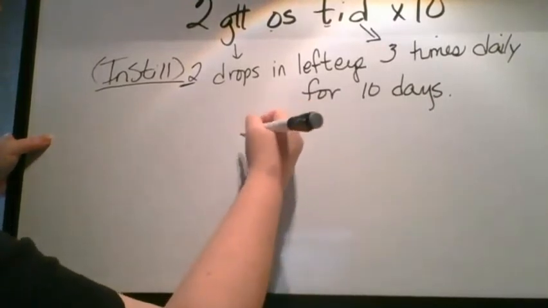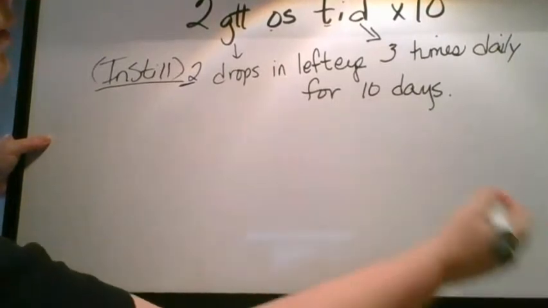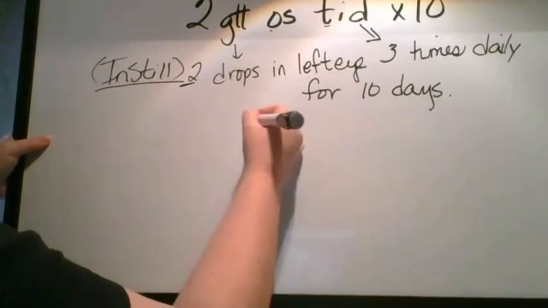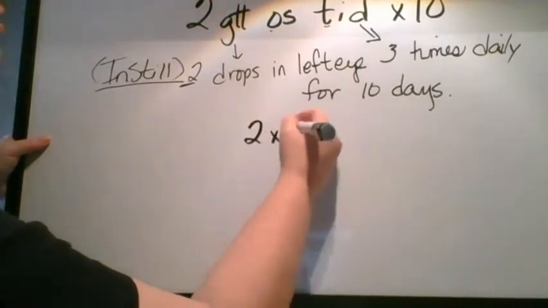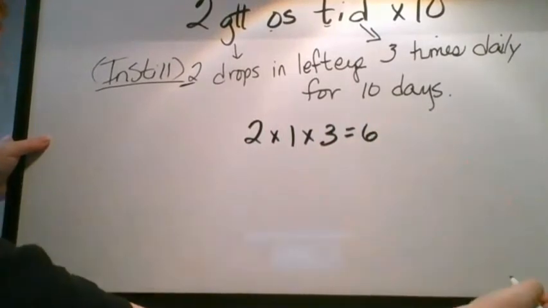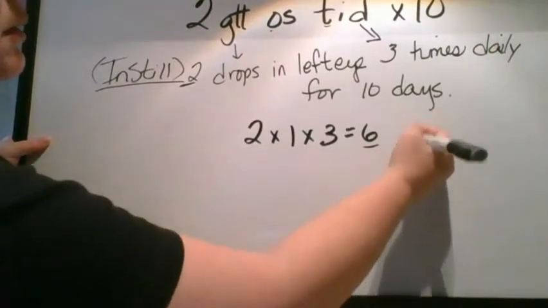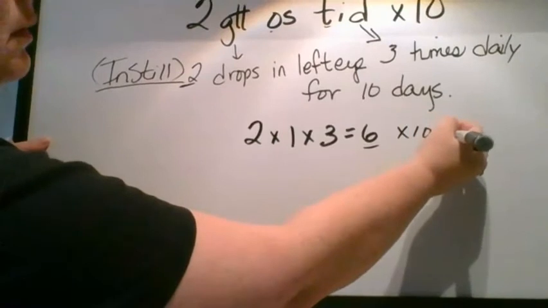Again, you want to figure out how much they're using in one day as opposed to the 10 days. So how many drops would they use in one day? 2 times 1 times 3, 6 drops in one day.